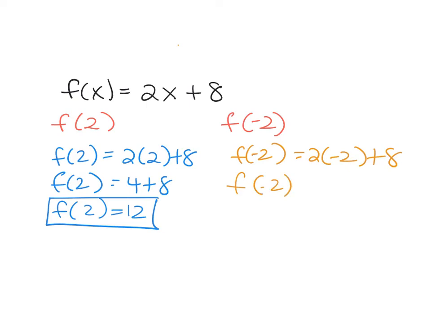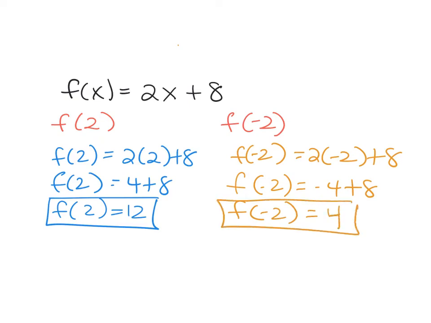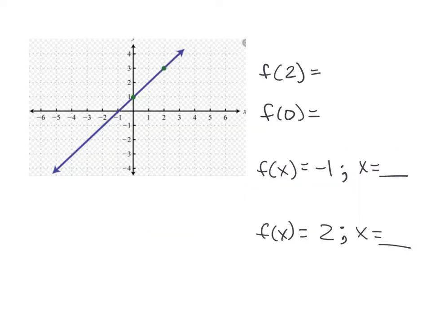F of negative 2 is negative 4 plus 8. So f of negative 2 is 4. Okay, so that's the basis for function notation.